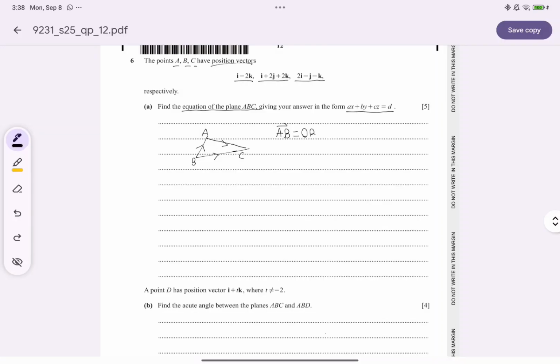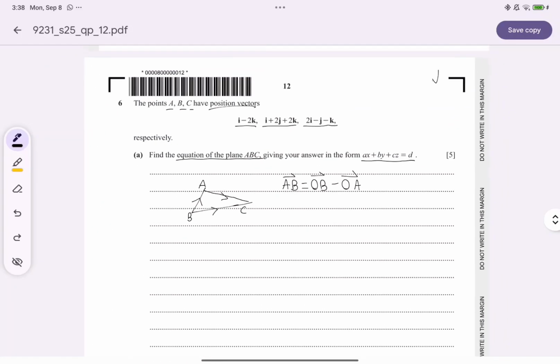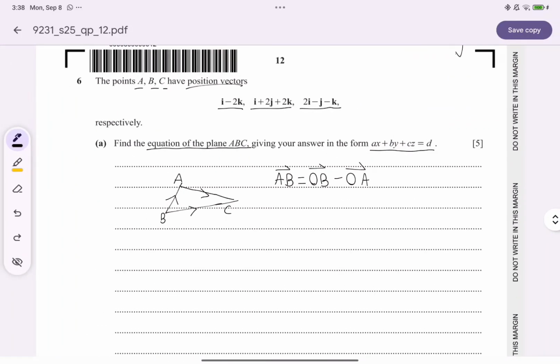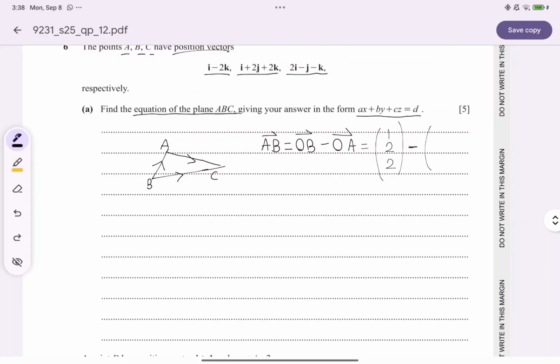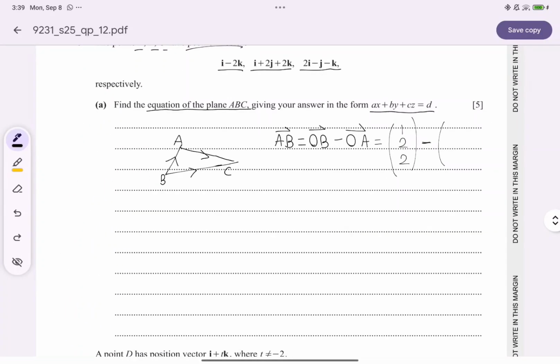So AB would just be OB minus OA, which is (1, 2, 2) minus (1, 0, minus 2), and this would give us (0, 2, 4).